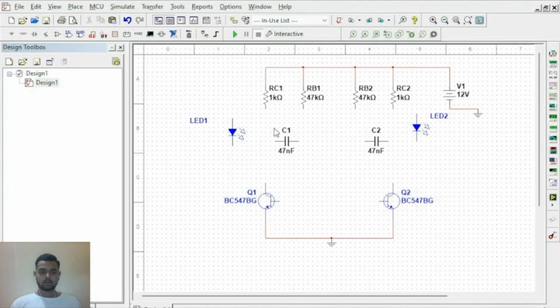Okay. Now connect RC1 with this LED and RC2 with LED2, and connect this LED2 with capacitor 2 and LED1 with capacitor 1.